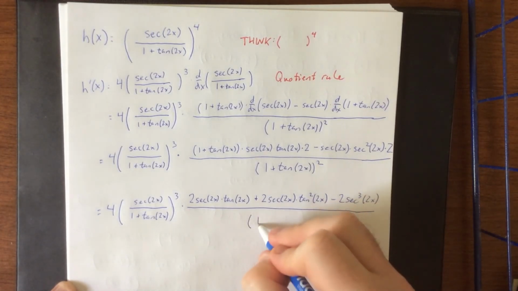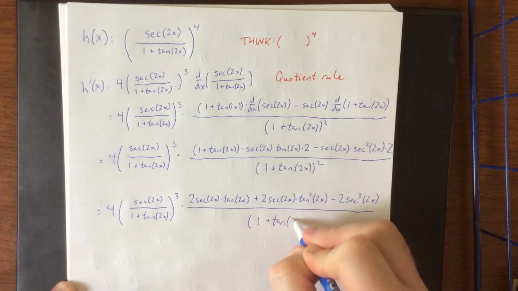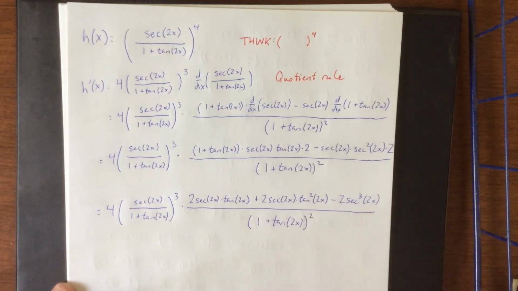All of this is going to be over 1 plus the tangent of 2x, quantity squared. Honestly, I'm content to leave it in that form for now. Just know that there are all sorts of trigonometric acrobatics that we could do with something as special as this.